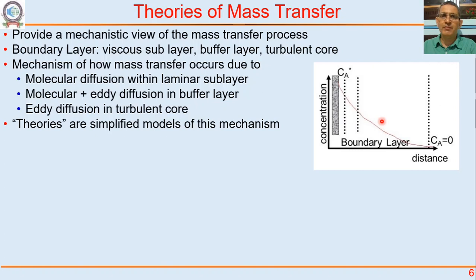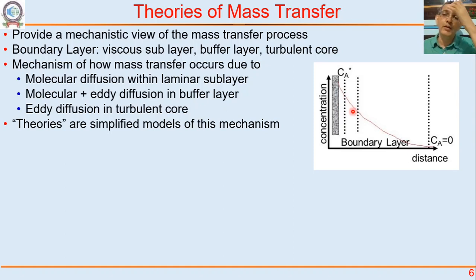Now the mechanism of how mass transfer occurs is different in different regions. In the laminar sublayer there is no turbulence. So the mechanism is purely by molecular motion. Remember when we had done the universal velocity profile, we only took viscosity here. We only took mu dvx by dy here. In the buffer layer, we took a combination.